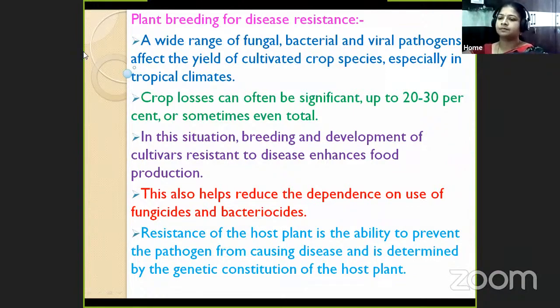Resistance of the host plant is the ability to prevent the pathogen from causing disease and is determined by the genetic constitution of the host plant. Breeding for disease resistance always depends on the genetic constitution of the host plant.